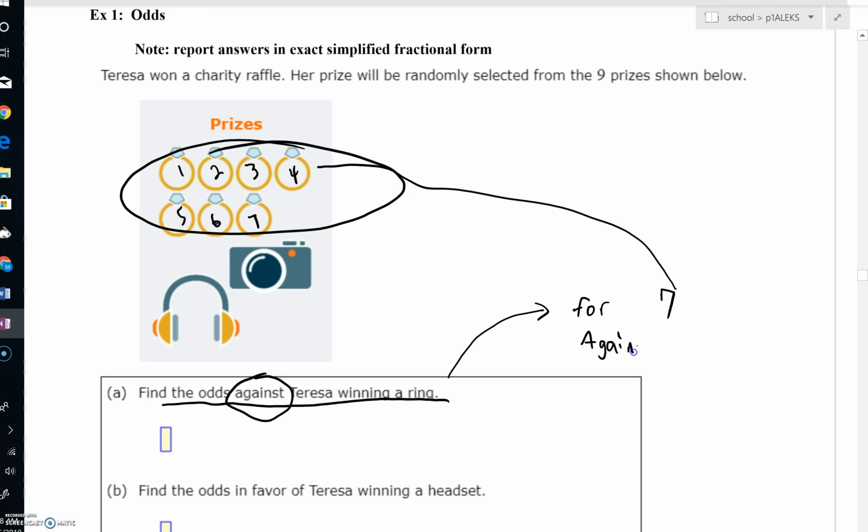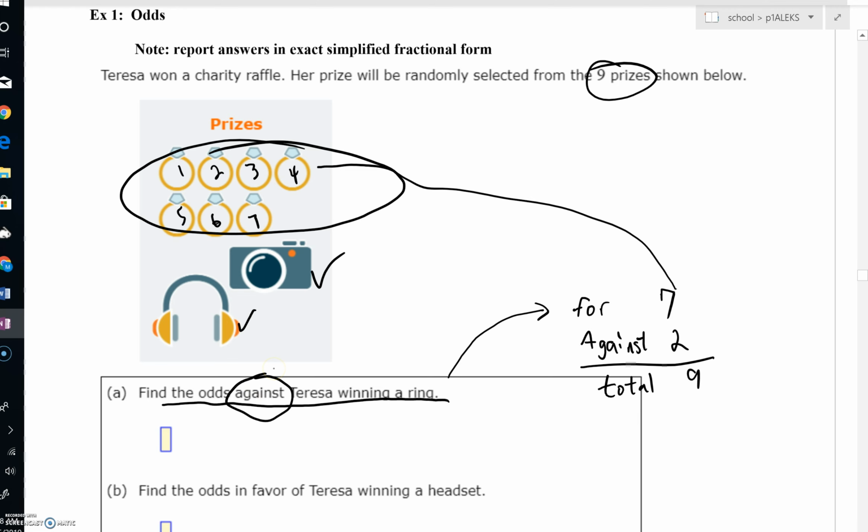How many prizes can she win that are not rings? We can see here and here, there'd be 2. And the total number of ways, we don't need this right now, but we will, would be 9. So there are 9 total prizes that we have. And by the way, we see that already: 7 of those are rings, and 2 of them are not rings.